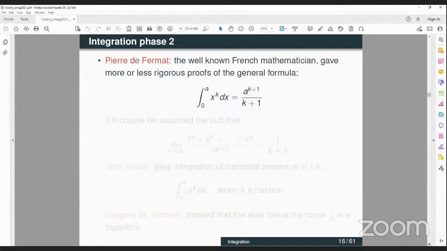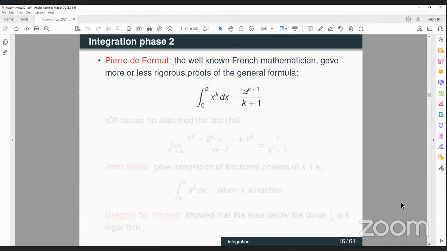Pierre de Fermat. I think by now everybody knows Fermat's name, from Fermat's last theorem. He contributed not only in number theory but also in algebra and many other fields, and he gave an argument for the proof of this formula. The notion of integral was not defined at that stage.